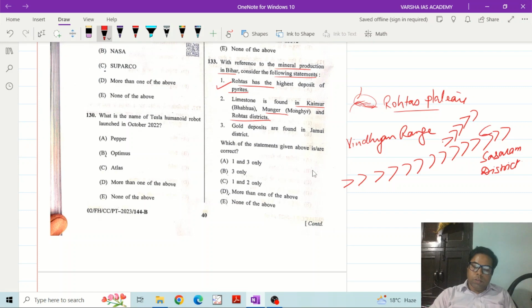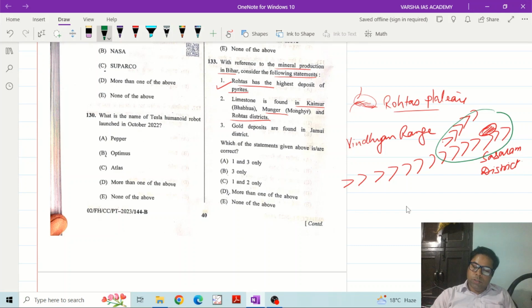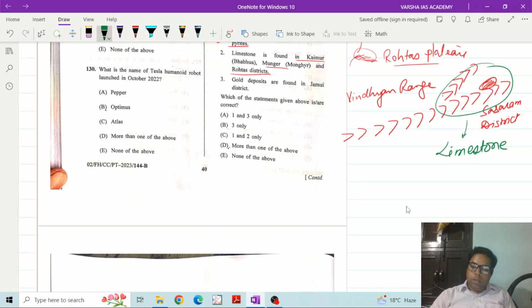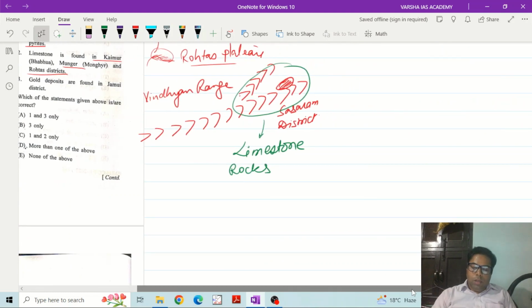So Rohtas district lies in the extension of the Vindhyan range. The eastern section of the Vindhyan range is composed of limestone rocks, so there are deposits of limestone in this part.